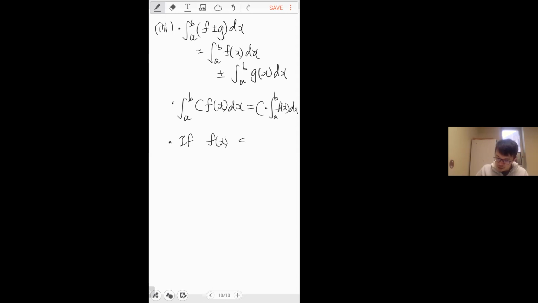And then the next one, if a function f of x is smaller than g of x, then what can you say about the integral? If one function is smaller than the other function, what can you say about the integrals? Again, integrals are areas. So which areas would be bigger?